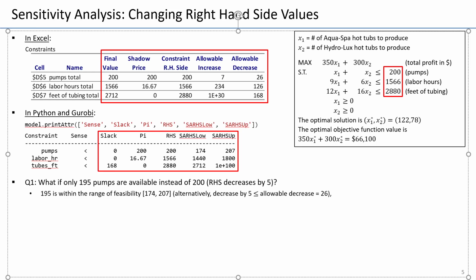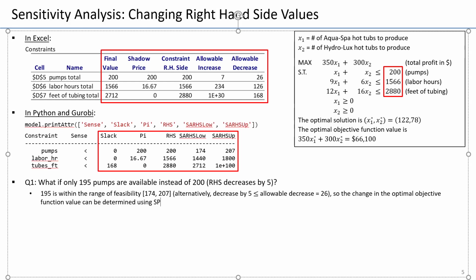Now, remember, when we were changing the objective coefficients, we said the optimal solution doesn't change. Here, the conclusion is different. When we're changing the right-hand side, the change in the optimal objective function value can be determined using the shadow price, right?